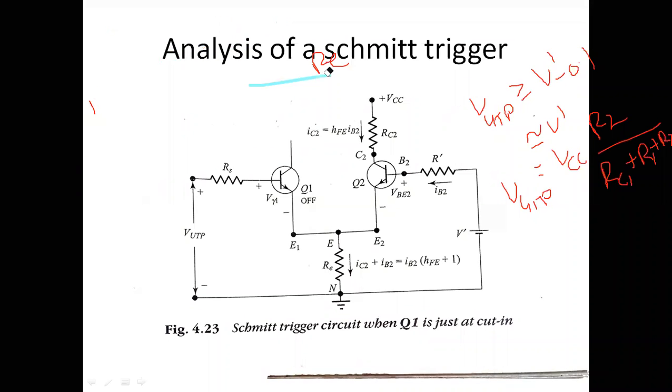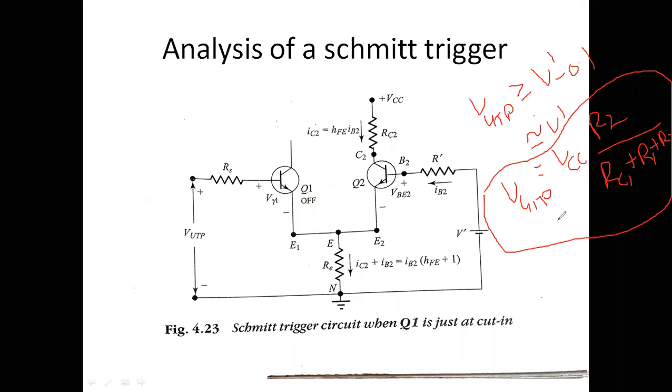Whatever transistor you use, whether silicon or germanium, and whatever the temperature, 30 degrees or 40 degrees, you will get the same upper triggering voltage. It won't be affected.